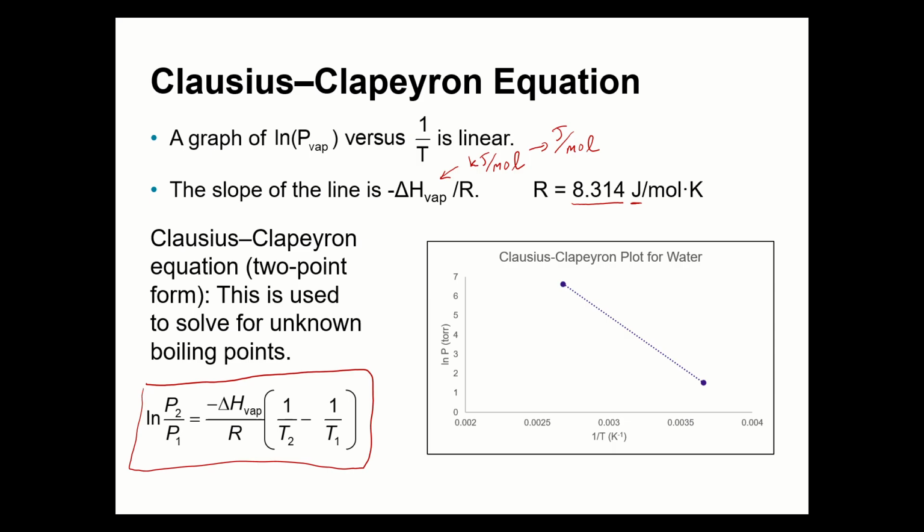So this is the same thing that we saw in gas laws, where you may have had P1 V1 equals P2 V2. So anyways, this is the natural log of the ratio of your two pressures, which equals the negative heat of vaporization divided by your gas constant, and then times your inverse temperatures, and it's always final minus initial, so that's why the T2 starts out.